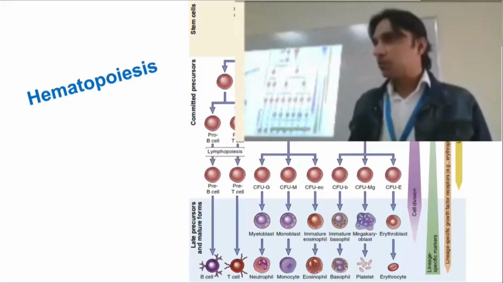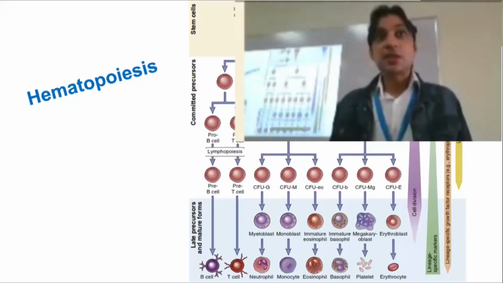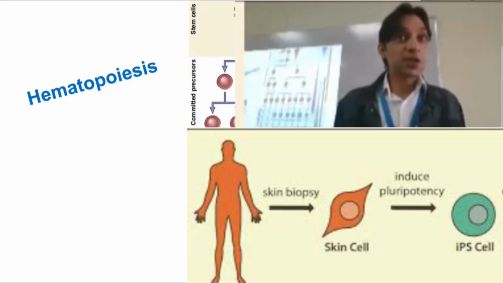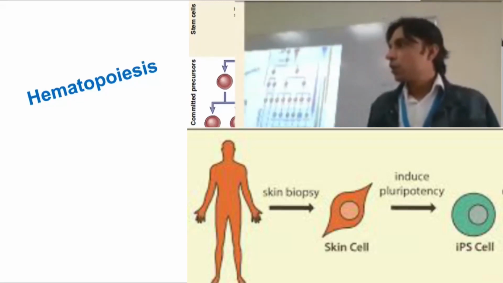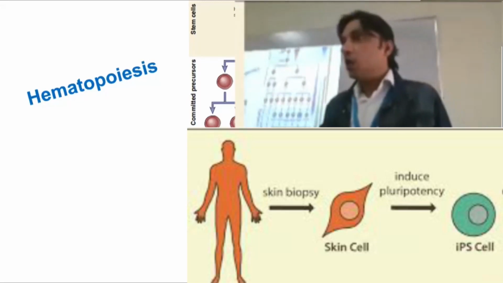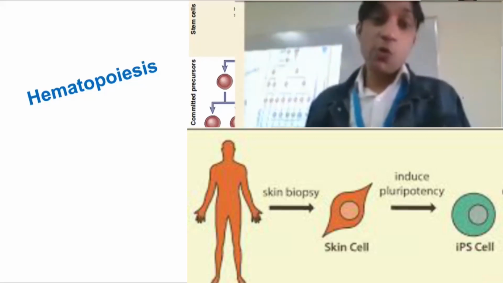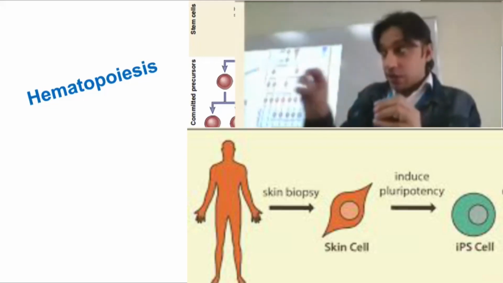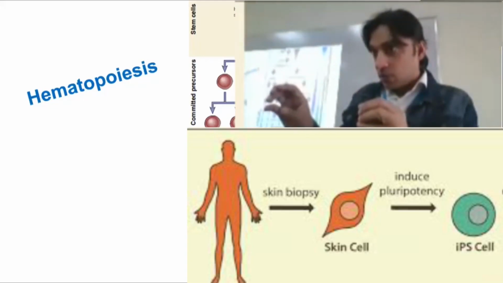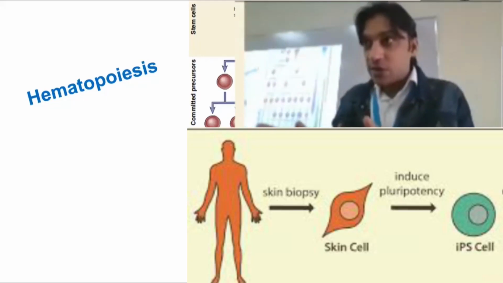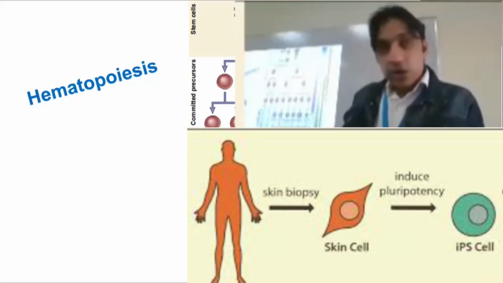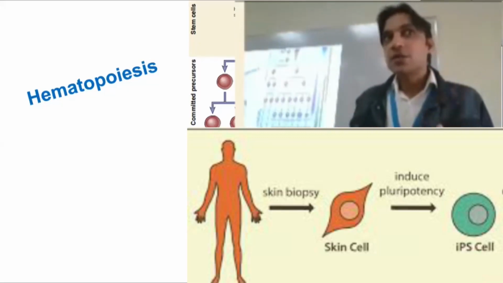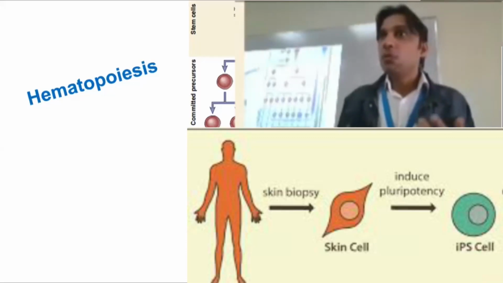Then what will happen? The skin cell will become a different cell. It's no longer a skin cell. If we are able to control this in a better way, and request the skin cell to start using the patterns of expression the way a stem cell is using, the skin cell will become a stem cell.